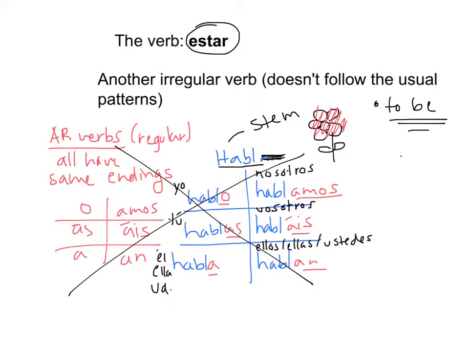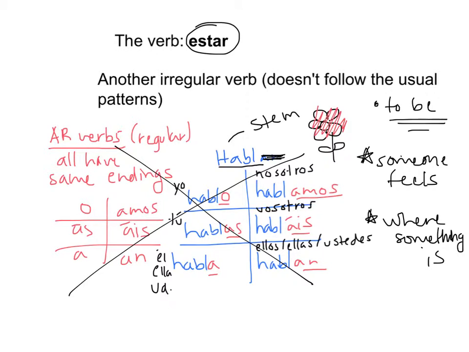We're going to use this verb anytime that we want to say how someone feels, or where something is, like a location. That could be for a person, or a place, or even an object in a room.